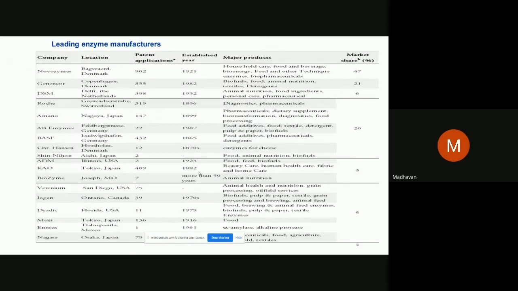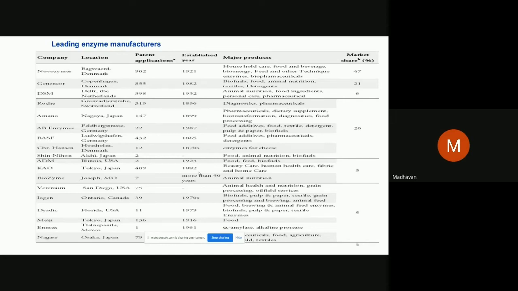In this slide I have listed some of the leading enzyme companies over the globe. Most of you will know Novozymes, which has a monopoly in many enzymes, especially industrial enzymes.